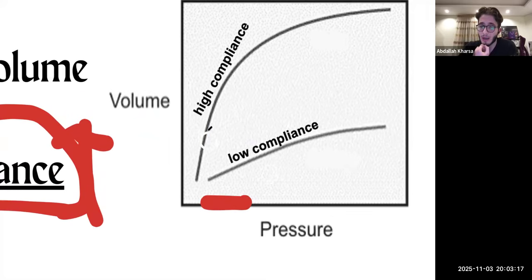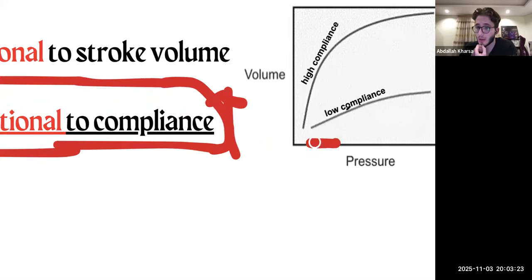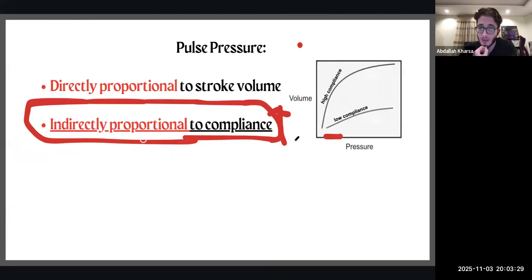If a vessel has higher compliance, the volume shoots up. If it has lower compliance, it doesn't go up by a lot. But we're talking about the pressure difference here. A vessel with higher compliance is going to have less change in pressure, because you reached where you want to be with volume without increasing pressure by that much.